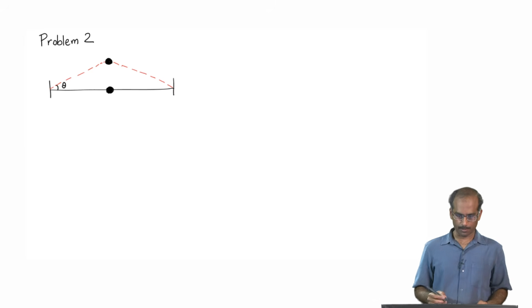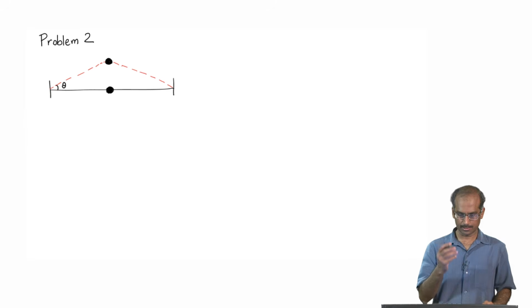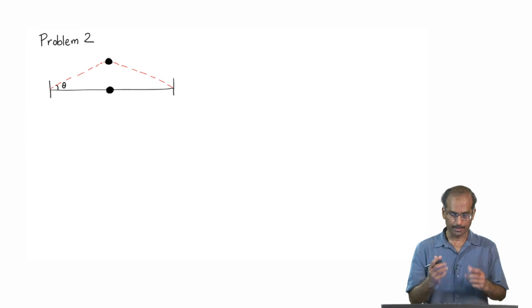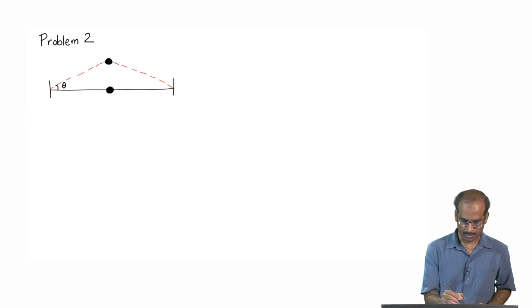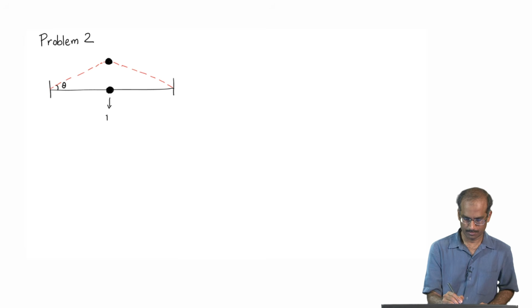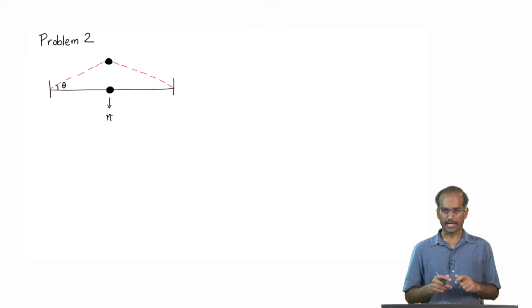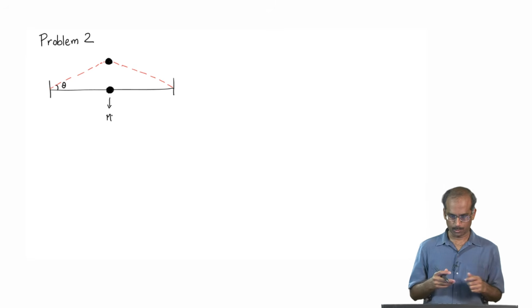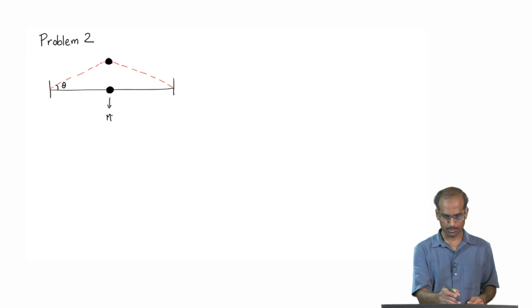So, this is a problem of a mass in the form of, let us say, a ball, a solid sphere of mass m, which is tied between two rigid supports by use of a string.